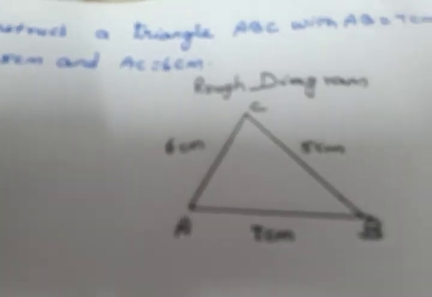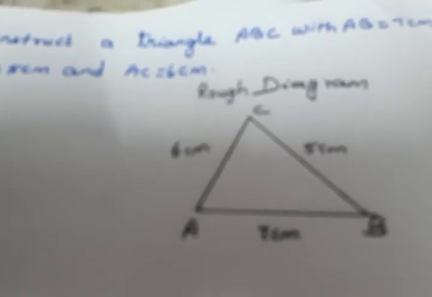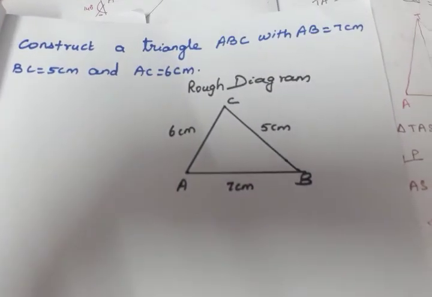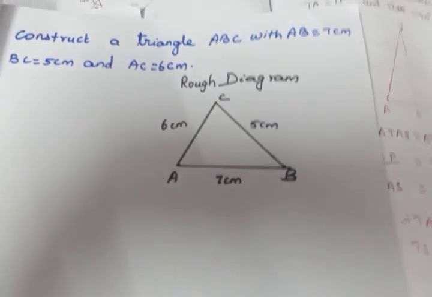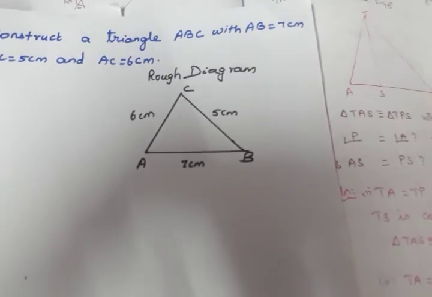Geometry. Construct a triangle. Construct a triangle ABC with AB equal to 7 centimeter.